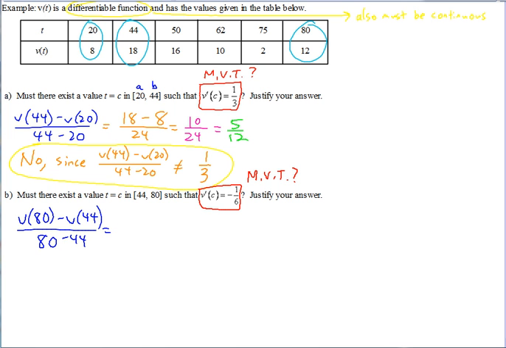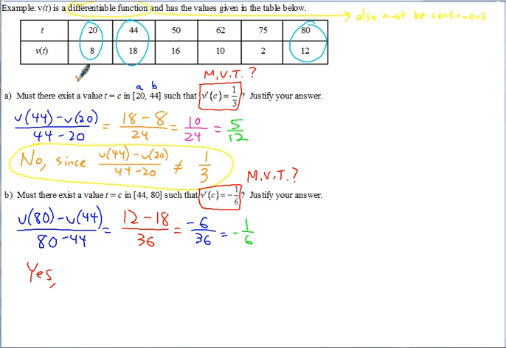So v of 80 is 12, minus v of 44 is 18, over 80 minus 44 is 36. 12 minus 18 gives you negative 6 over 36, which reduces to negative 1/6. So here, that is what it equals. So your answer would be yes.